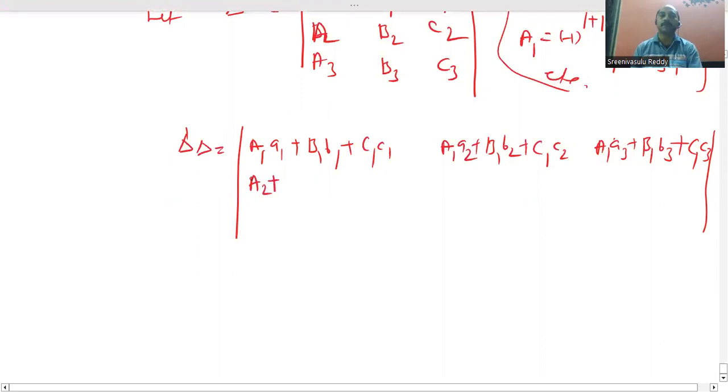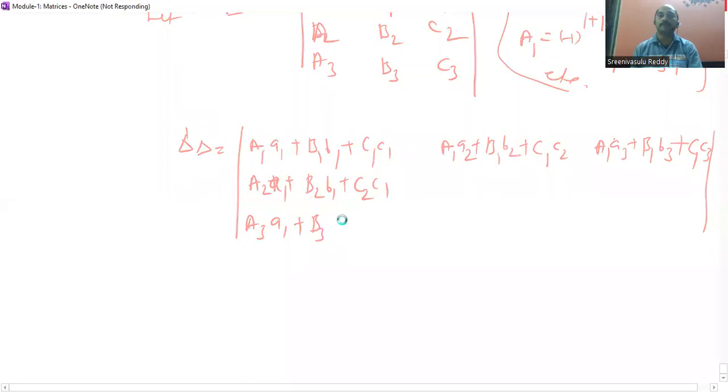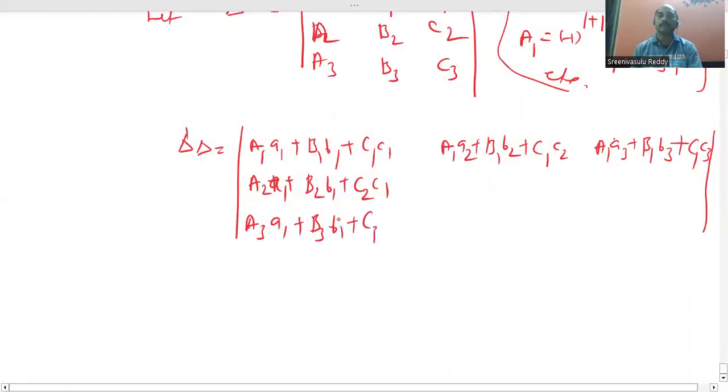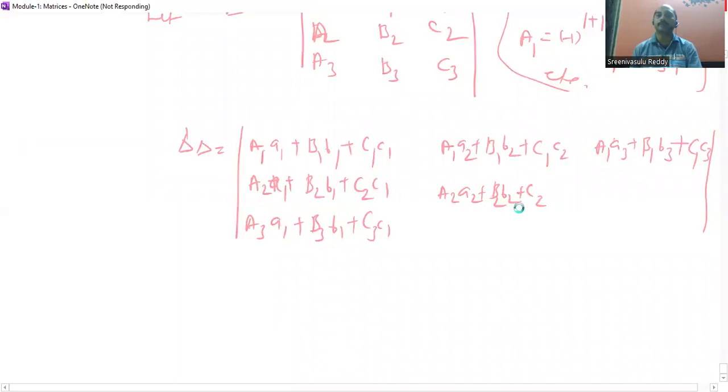Next, the second row, meaning the second row of the first matrix: A2 into A1 plus B2 into B1 plus C2 into C1. I write down all the things. First column: A3, A1, B3, B1, C3, C1. Second column: A2, A2, B2, B2, C2, C2.